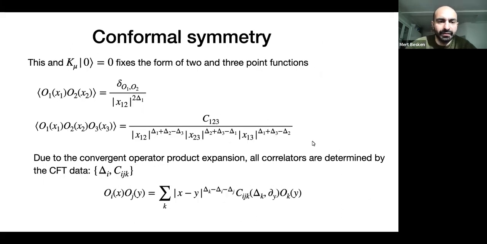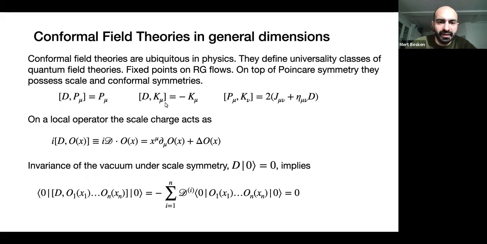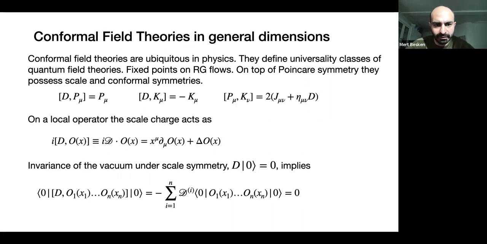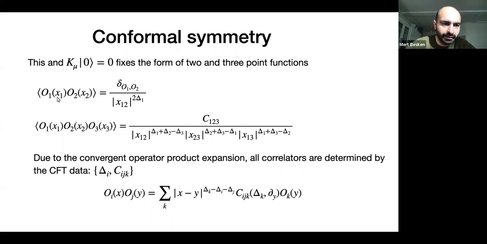On top of this, as I was saying, there's also this special conformal charge, and because it's a symmetry, it annihilates the vacuum. So combined with the previous slide, this fixes the form of 2 and 3-point functions. If O1 has scaling dimension delta 1, by that I mean the delta that is appearing here, the 2-point function of any operators O1 and O2 will only be non-zero if O1 and O2 are identical.